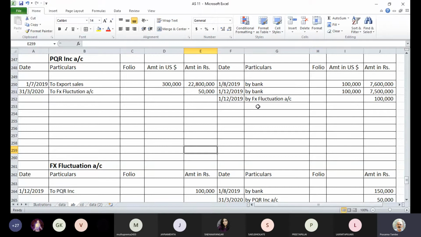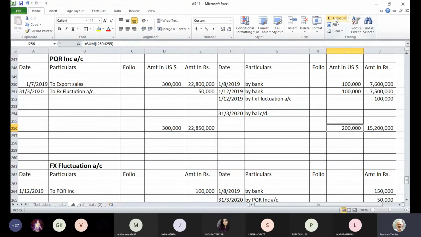Now since we are at the year end, we will have to close the accounts, and the first account will be PQR Incorporated that we have to close on 31st March 2020. So 31st March 2020 by balance carried down. If you take the total of debit side and if you take the total of credit side, you will get what is the balancing figure to be carried forward.